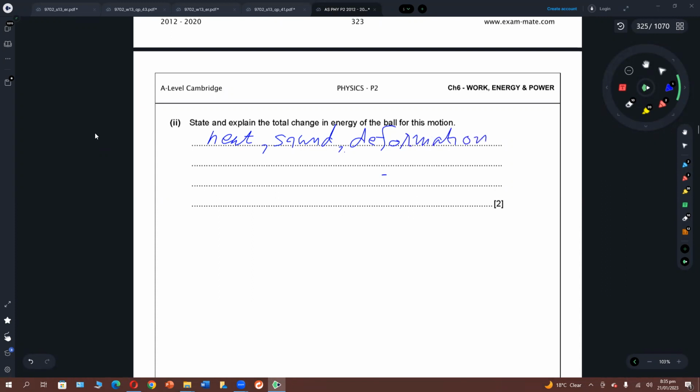So these are the energy changes involved. That is why the ball couldn't rebound to the same height.